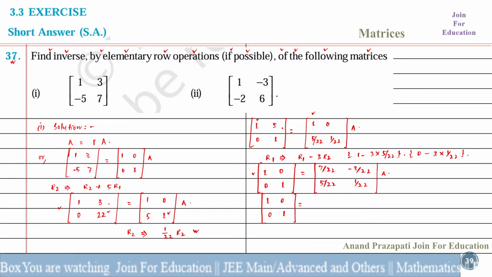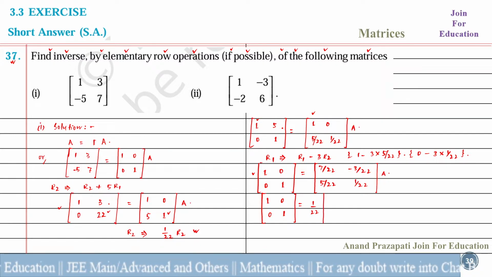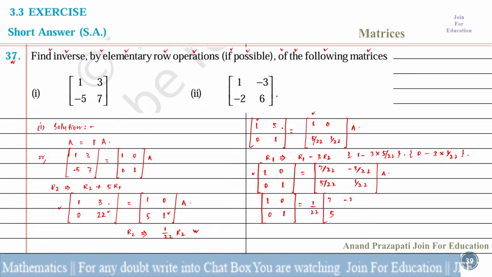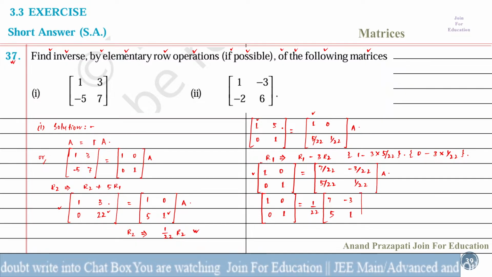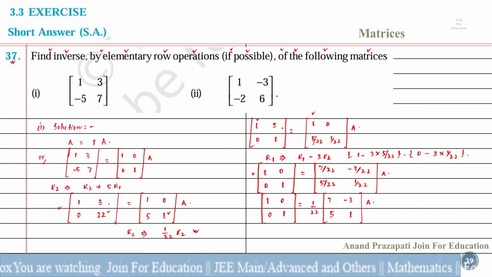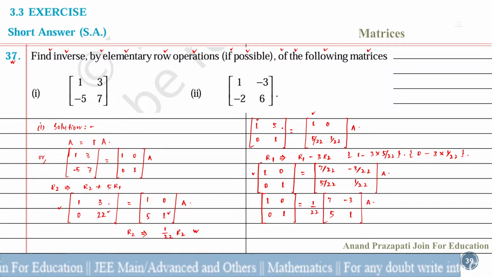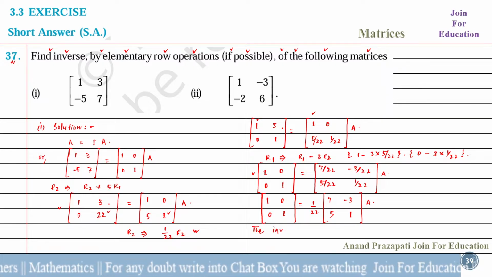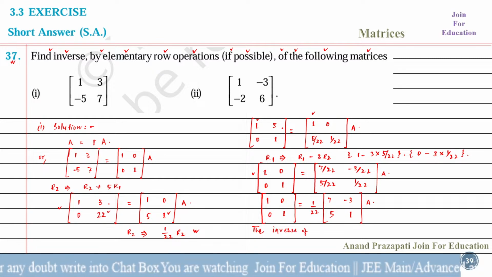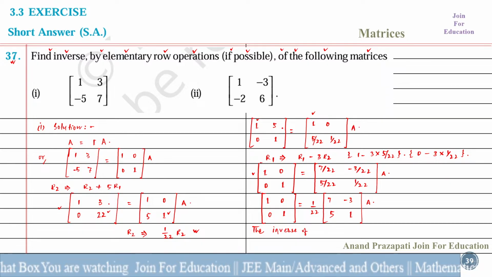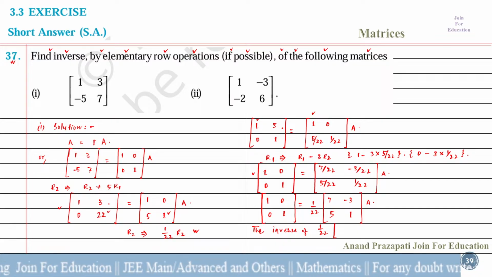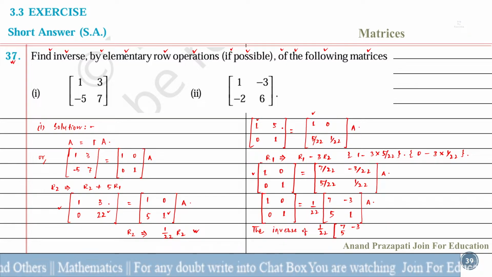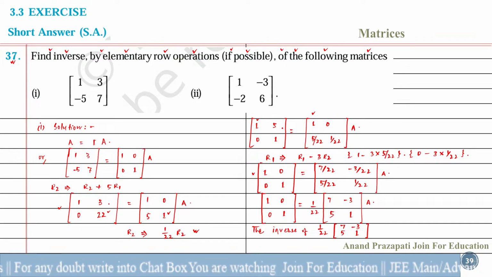So we take 1 by 22 common, then we will get 7, 5, and minus 3, and this is 1, into A. So here will be the inverse of A equal to 1 by 22, and this one will be 7, minus 3, 5, and 1.